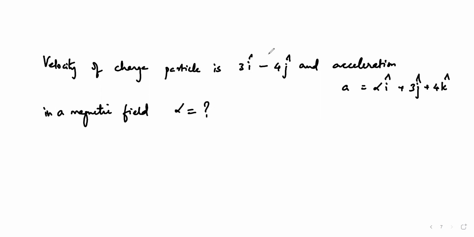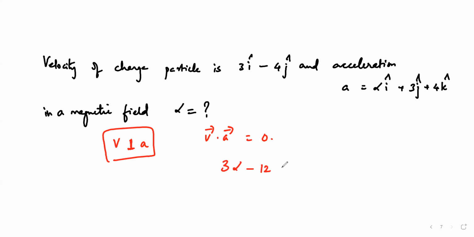Sir, in a magnetic field, velocity is perpendicular to acceleration. That means if they are two perpendicular vectors, I can find the dot product. So V dot A will be equal to 0. That means 3 alpha minus 12 plus 0 will be equal to 0. 3 alpha equals 12. Alpha value will be equal to 4.